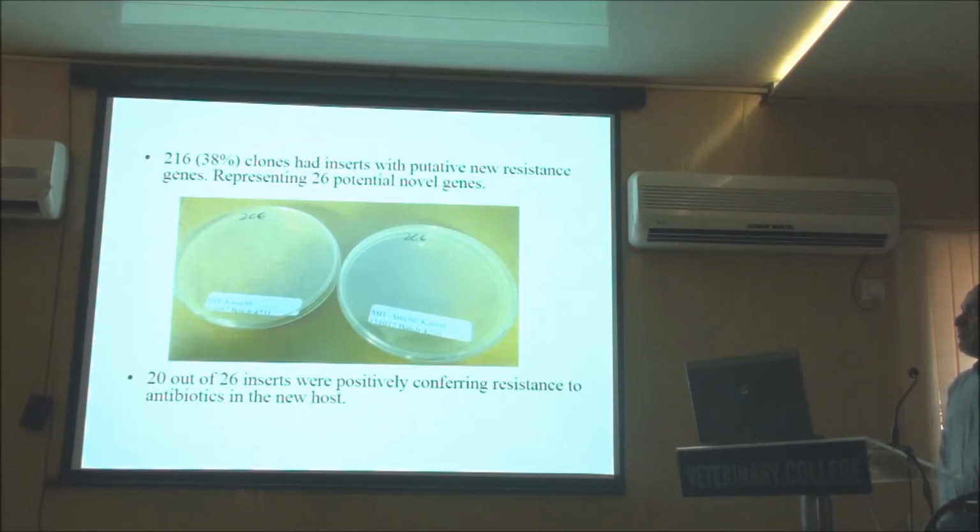So the point is that effluent treatment plants could also serve as a potential reservoir for new antibiotic resistance genes which can be recovered in metagenomics studies. So this I thought was one interesting application of functional metagenomics, so I thought of sharing this with you.